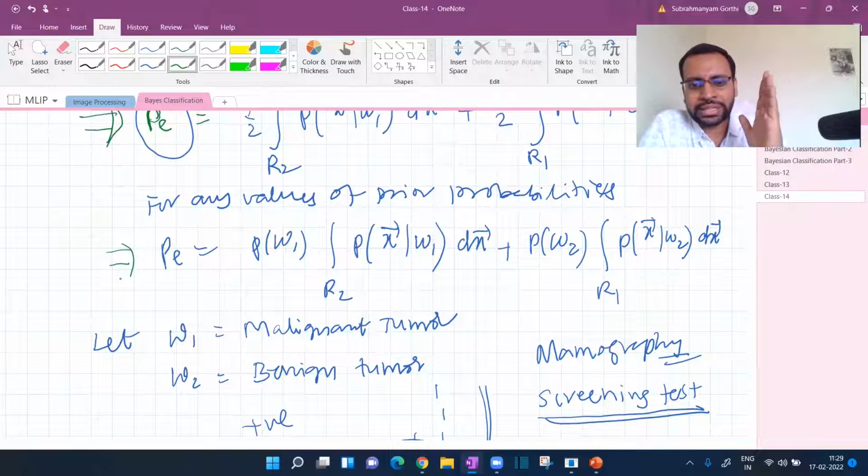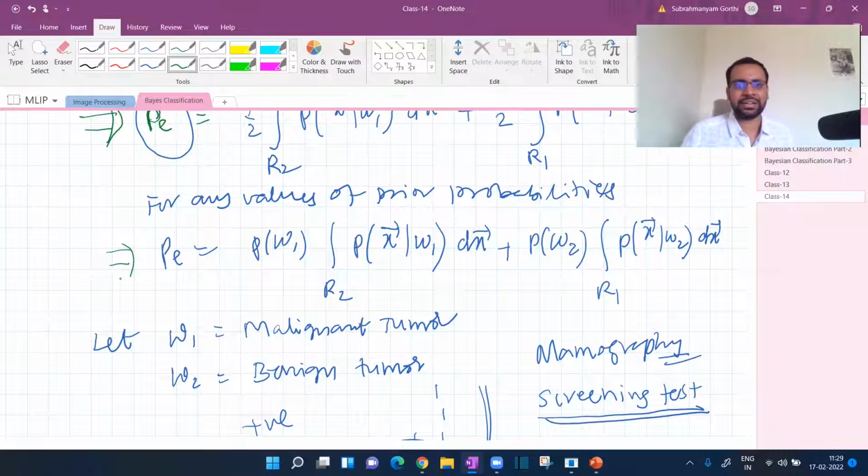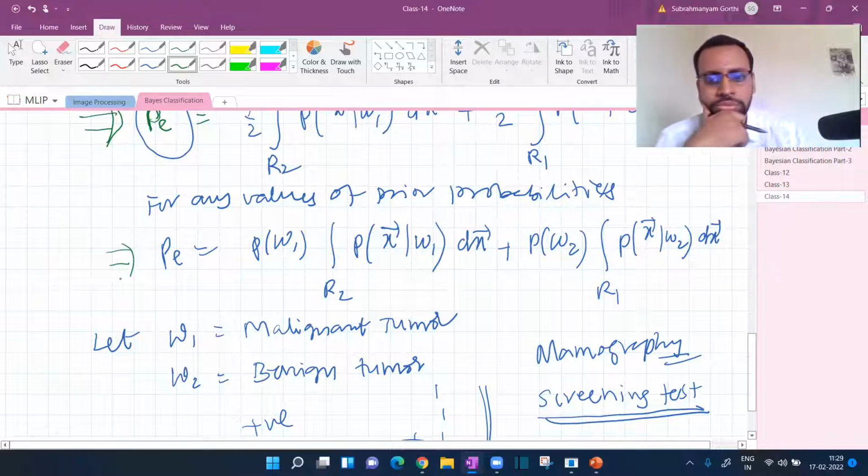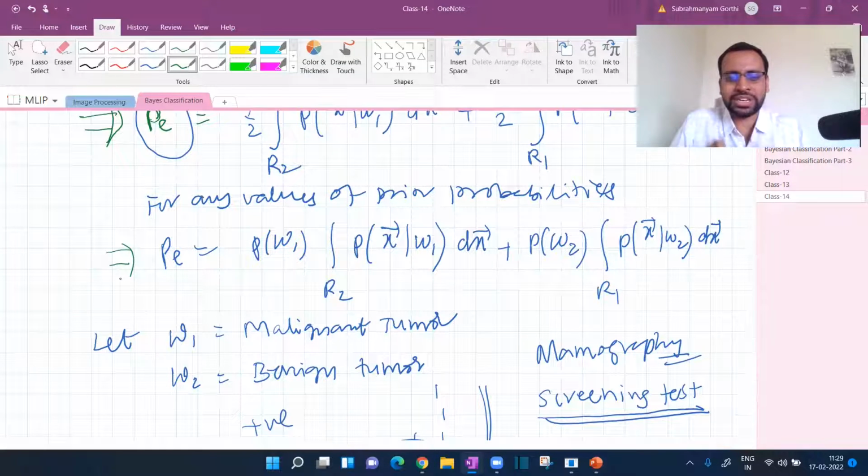But now I want to put this additional constraint here. How do you think this can be achieved? Any ideas on that? With some modifications, you should be able to achieve this. So how can you do that?